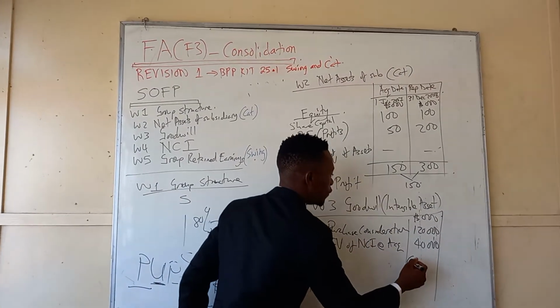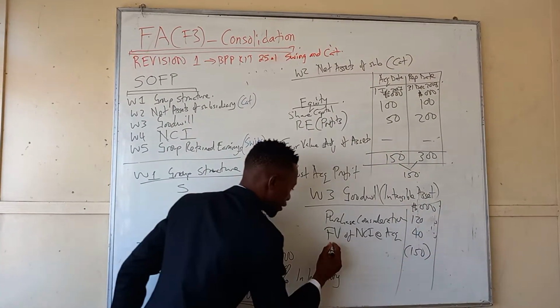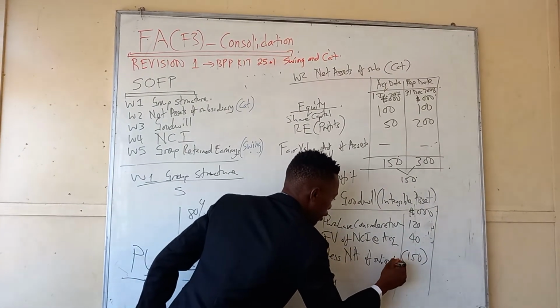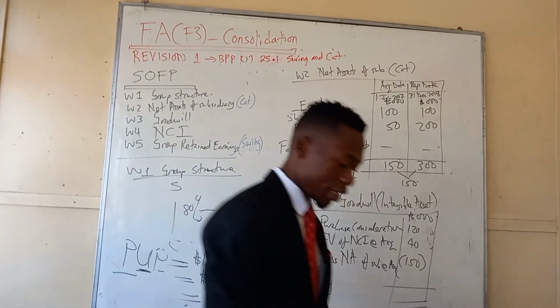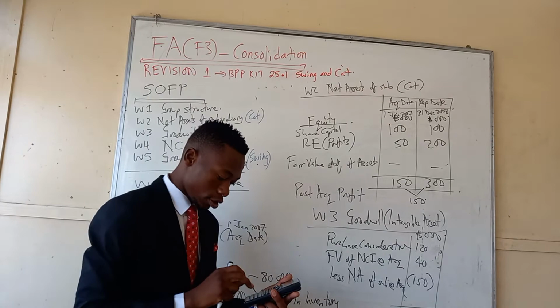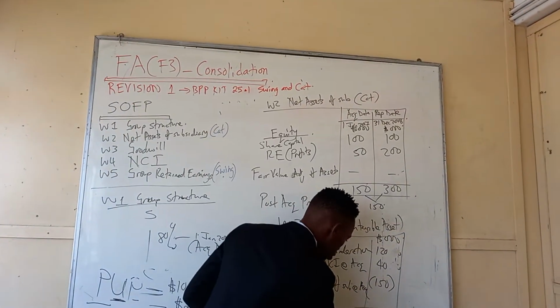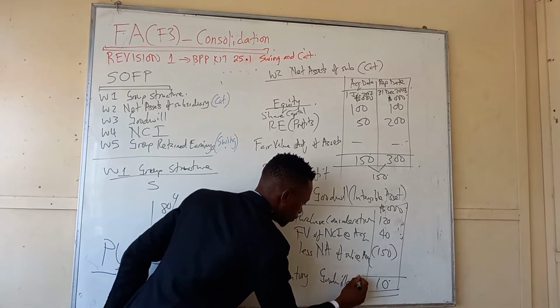Of 150,000. Okay? So less the net assets of subsidiary at acquisition date. Then you do the number crunching exercise on your adding machine. I'm pretty sure that you get something like 10, which is your goodwill at acquisition.